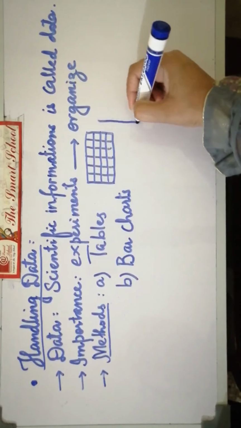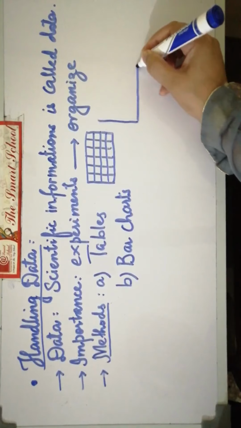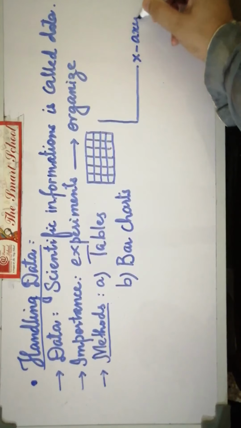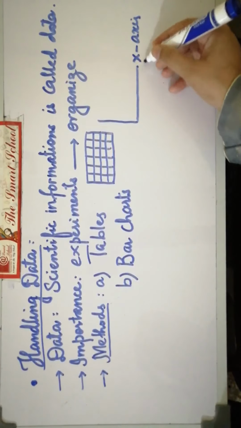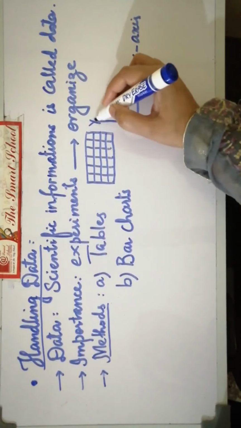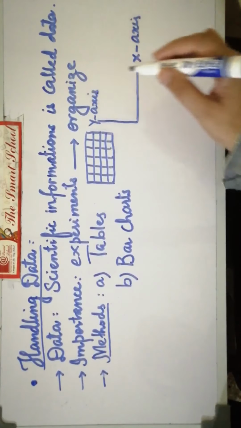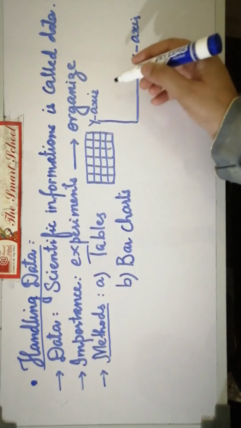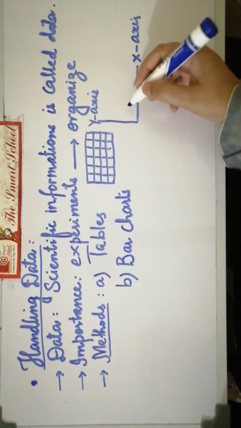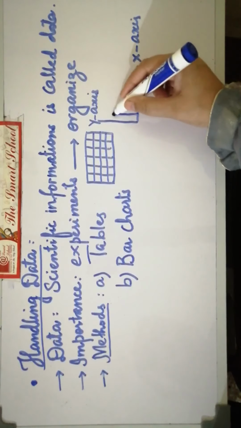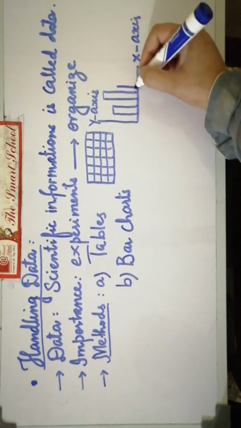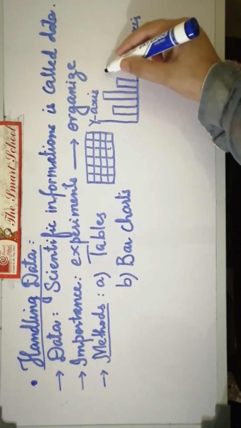These bar charts are plotted on graph paper, in which you first take the x-axis, this horizontal line, and this vertical line is the y-axis. By drawing these two horizontal and vertical lines, you draw your data in the form of bars, or rods we can also say.